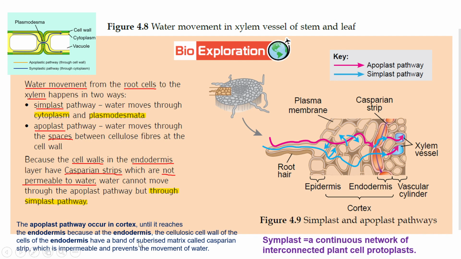Okay, ada lignin, ada suberized matrix. That's the one that makes it impermeable to water, prevents water movement. So dia akan stop dekat sini. Okay. So it has to go through the symplast pathway. Okay, symplast means a continuous network of interconnected plant cells, protoplast.